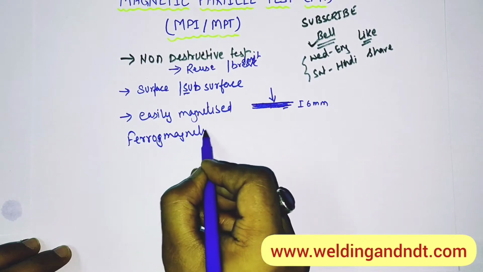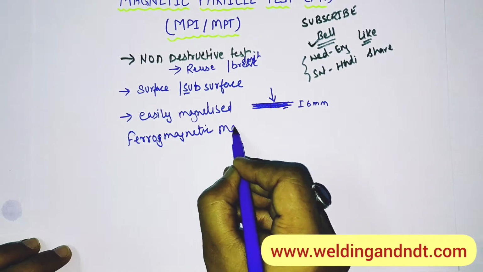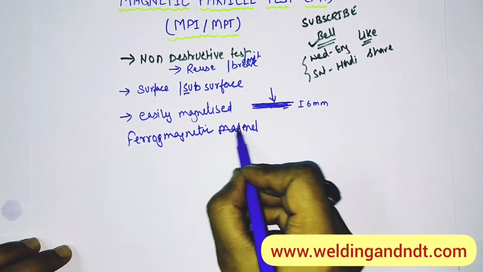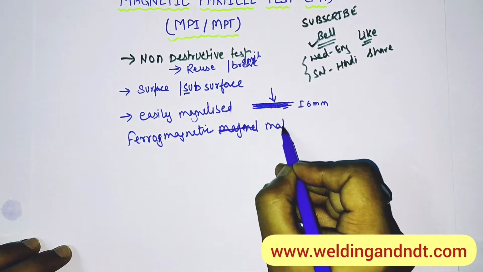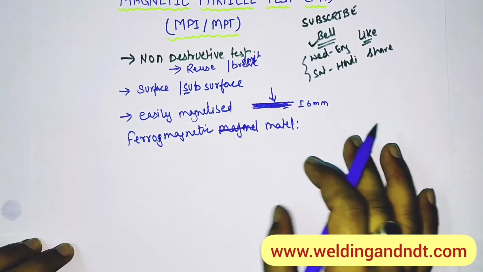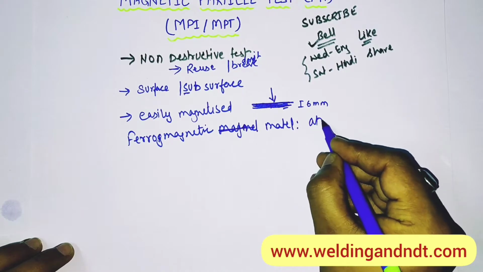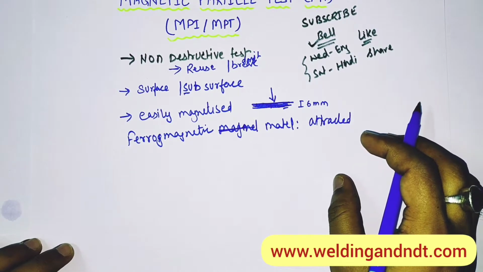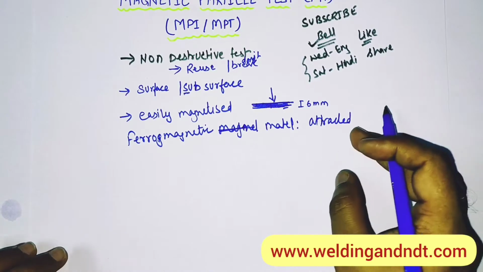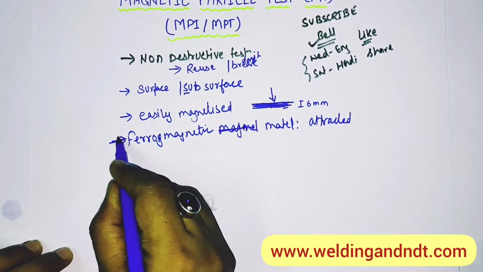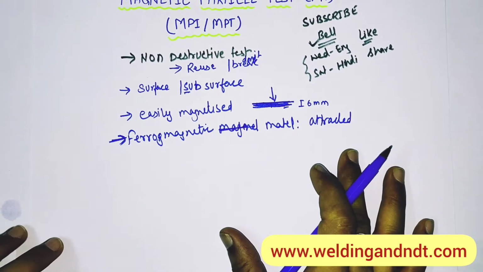Ferromagnetic metals are those which are strongly attracted to a magnet, and they can be easily magnetized also. So this type of materials can be checked with magnetic particle test.